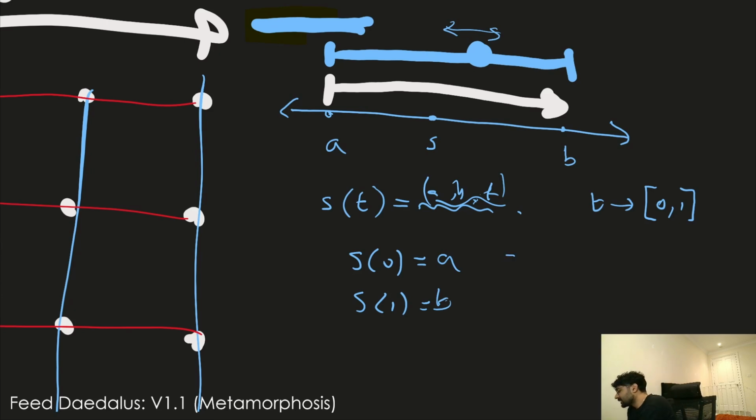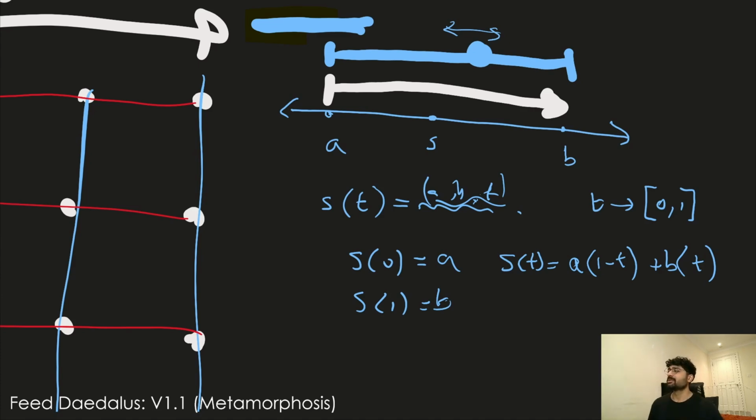So S of T is going to be A times 1 minus T plus B times T. My screen is okay, there we go.